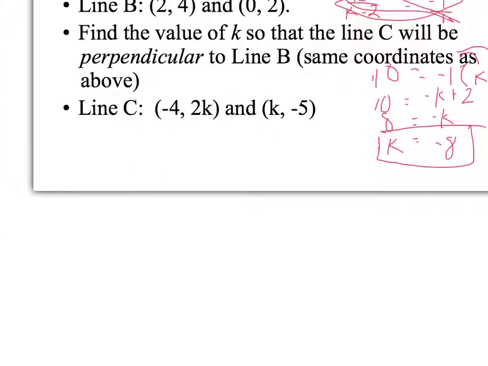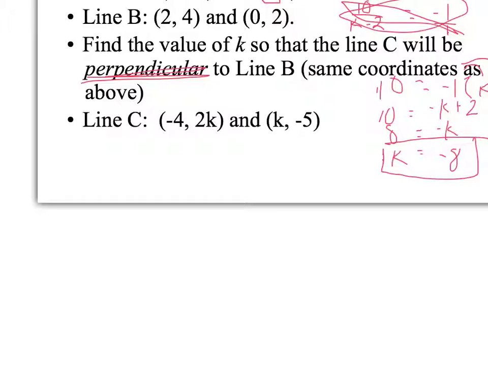Okay, that took up a lot of space. But let's look at the second problem. The second problem is similar, but this time it says find the value of K so that line C will be perpendicular to line B. We're going to use the same coordinates as we did for the last problem for line B. It's the same thing, except this time the two slopes are not equal to each other.